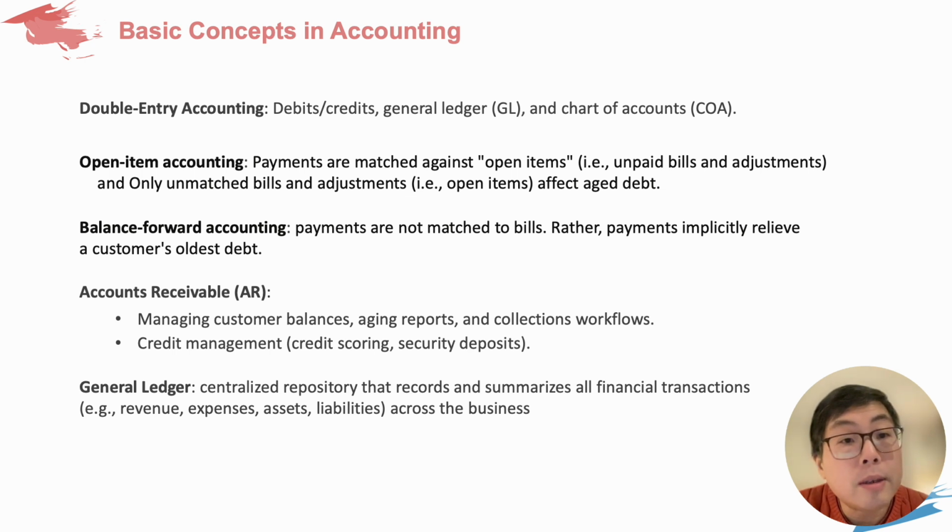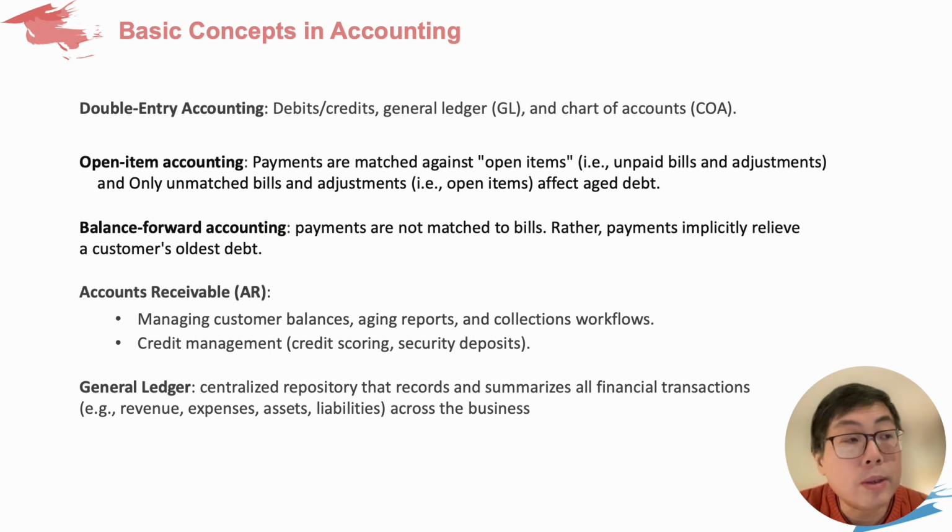Second thing is about general ledger. I think if you haven't heard of this term, you can think about it as a collection of financial transactions. Or you can think of it as a categorization of financial transactions.